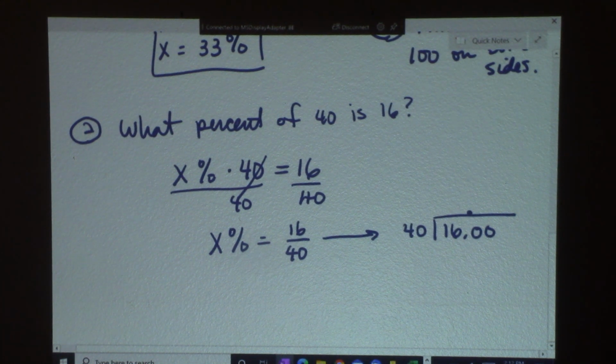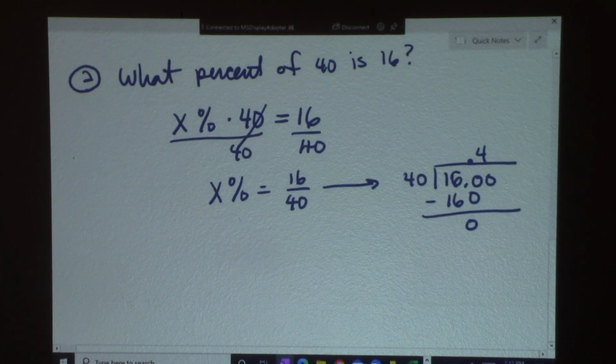I put my decimal on top, and 40 doesn't go into 16, but it does go into 160, and it goes in 4 times, and that's exact. So I end up with 0. So I have X percent equals, let's just put a 0 there too, because with percents I always want to have 2 decimal places. So I have divided to get a decimal.